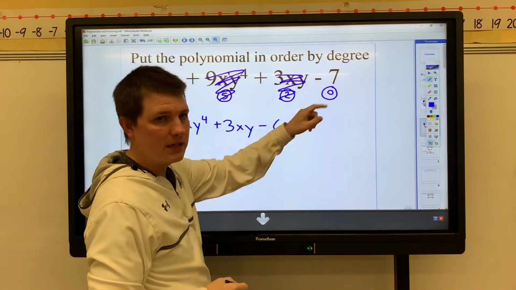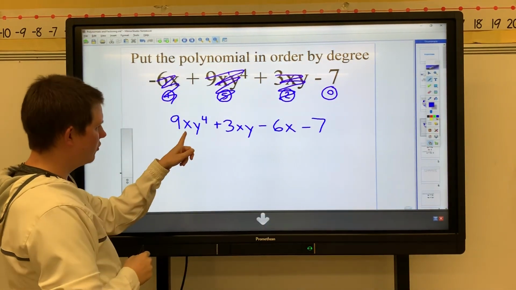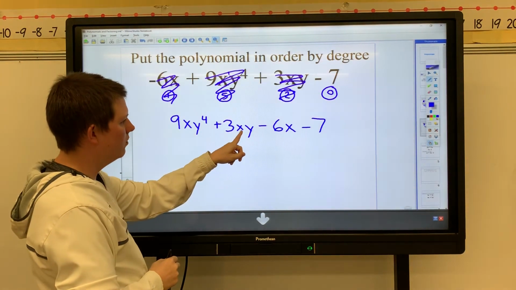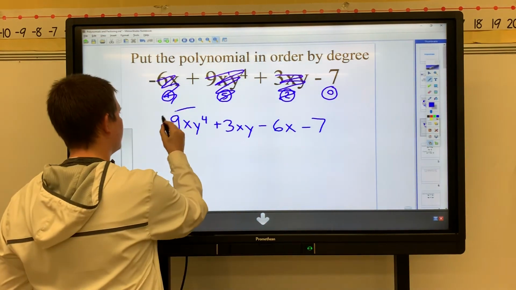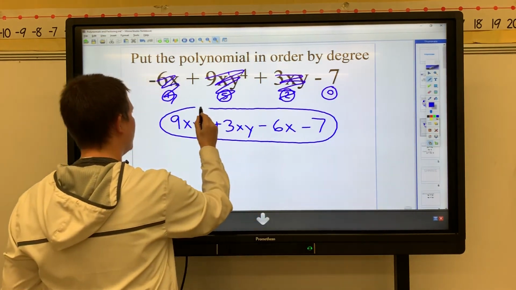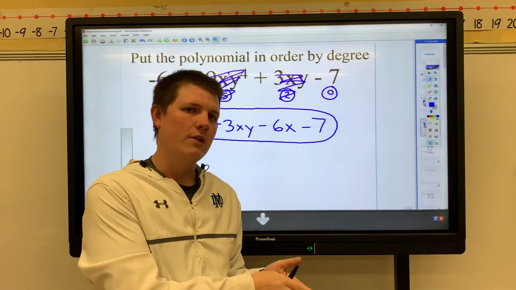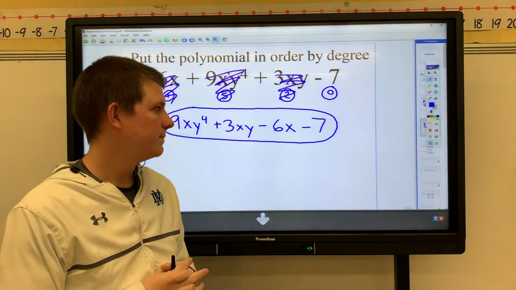And last I have 0, so degree of 0. We can check it. Degree of 5, remember 1 plus 4 is 5. Degree of 2, 1 and 1 make 2. Degree of 1, degree of 0. Always make sure it is in order by degree from biggest down to smallest. Left to right, largest to smallest.